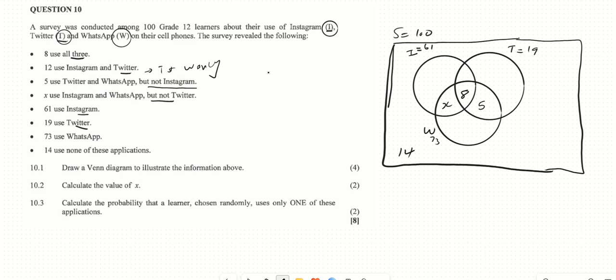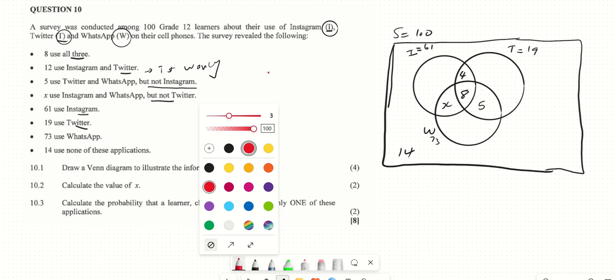So out of this 12, 8 use WhatsApp. How many are using Instagram and Twitter only? It should be 4. Remember I said we only deal with the only. This part here is Instagram and Twitter, that is 12, but they didn't say only.